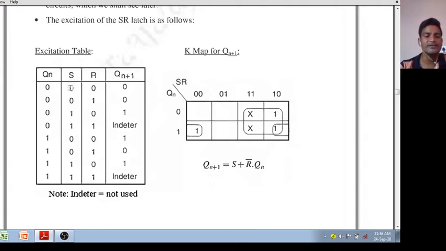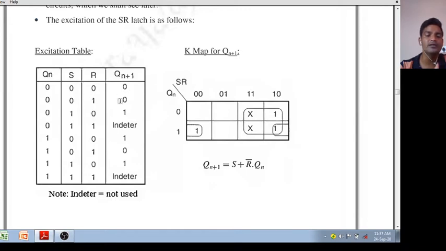When S equal to 0, R equal to 0, you know there is no change. Qn plus 1 equal to Qn, or you can say Q equal to Q0. Here I am using Qn plus 1. So Qn plus 1 equal to Qn, no change. So this same value will come here. This is 0. Next, in 0 1, when S equal to 0, R equal to 1, there is always reset condition.